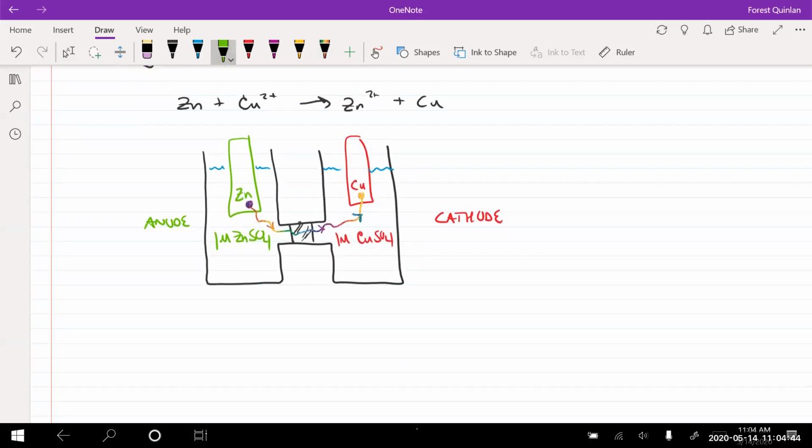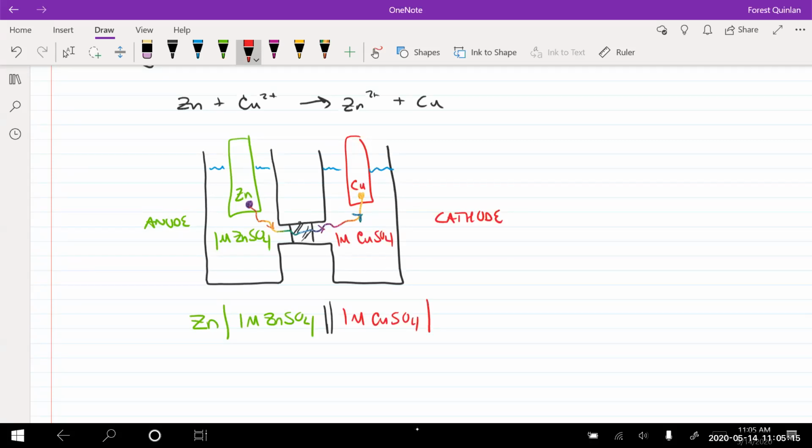I'm going to go ahead and keep color coding it because I can. The first thing I see is zinc. Are there any solids or gases in the system? No. Nope. So then we go with our solution, which happens to be a 1 molar zinc sulfate. The next thing we see is the membrane. The next thing we see is a 1 molar copper 2 sulfate.